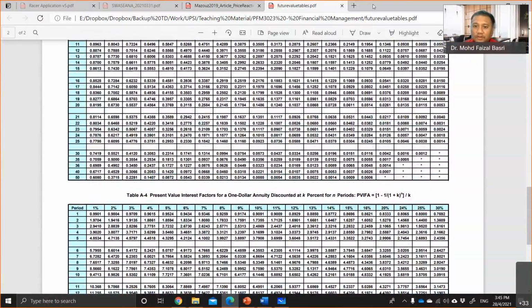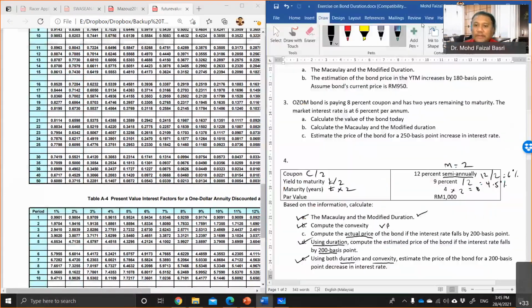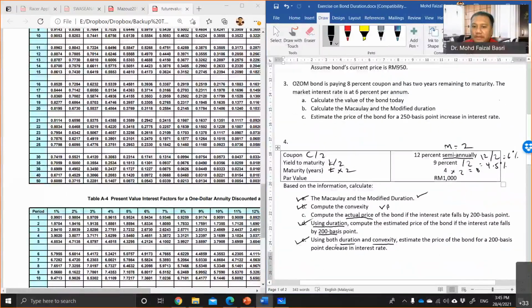So how do we incorporate this with the question? Let me read the question first. Using the duration, compute the actual price of the bond if the interest rate again falls by 200 basis points. Remember, it will fall by 2% annually.